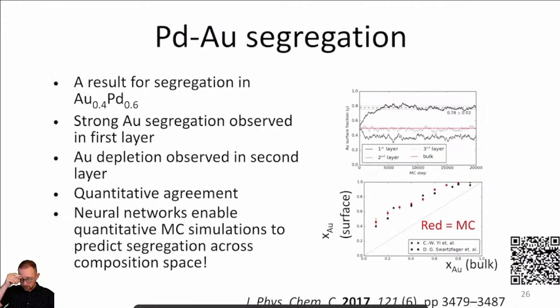The example that we worked out for this is looking at palladium-gold segregation. Palladium is very active, gold is not, and gold tends to prefer to be at the surface.